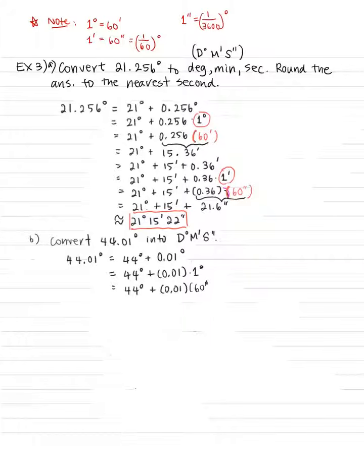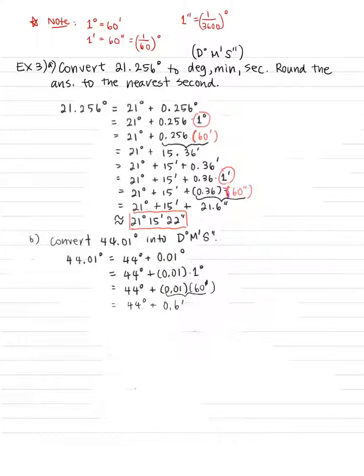Oh, sorry, 60 minutes. Sorry about that. 1 degree is 60 minutes. So there should be only one dash right there. So this is going to be what? 44 degrees. And if I multiply this out, what we're going to get is 0.6 minutes.